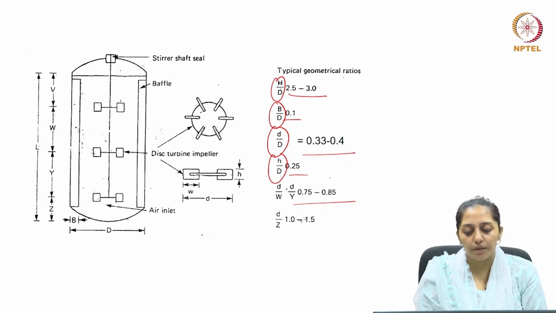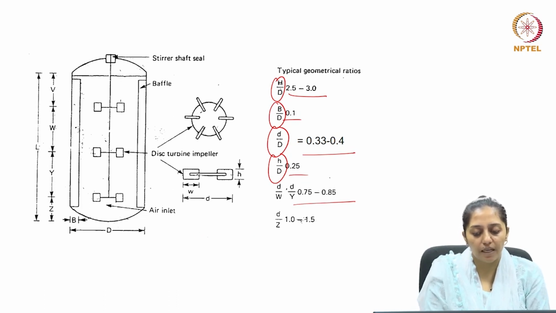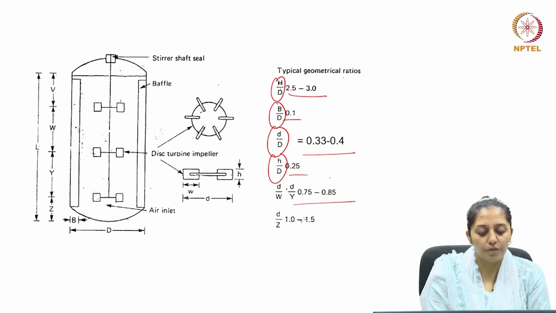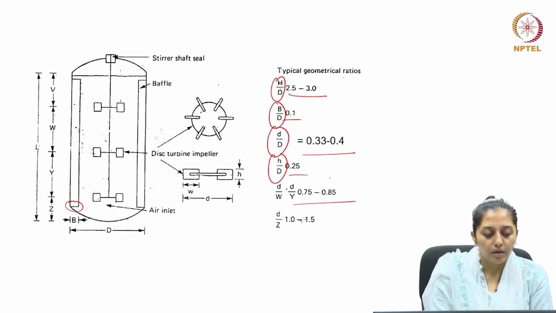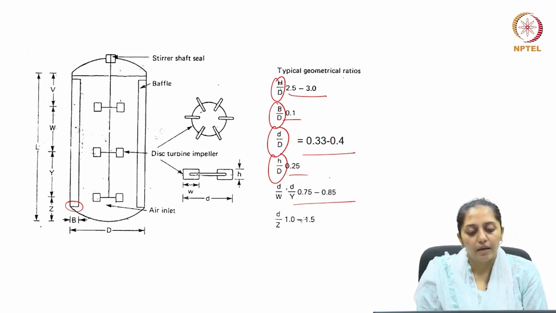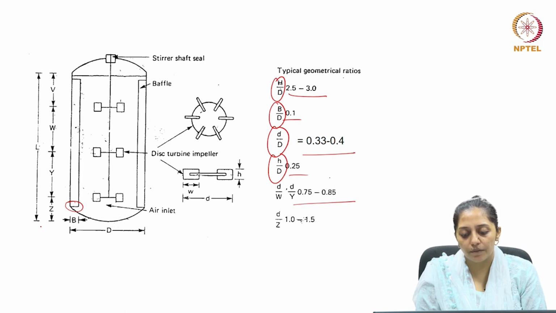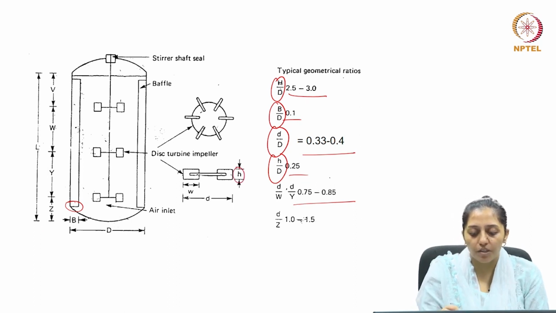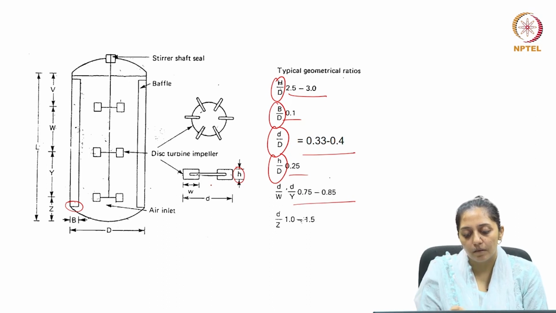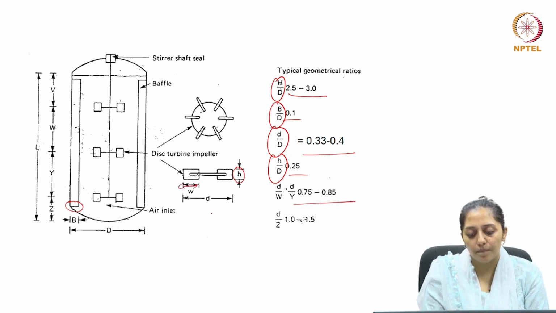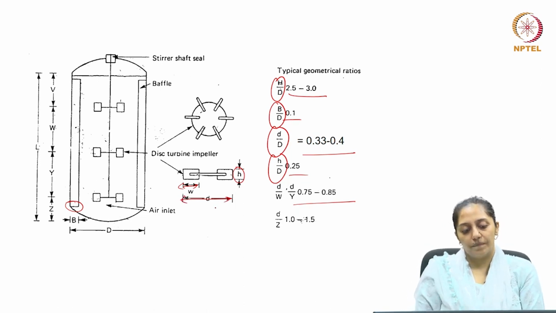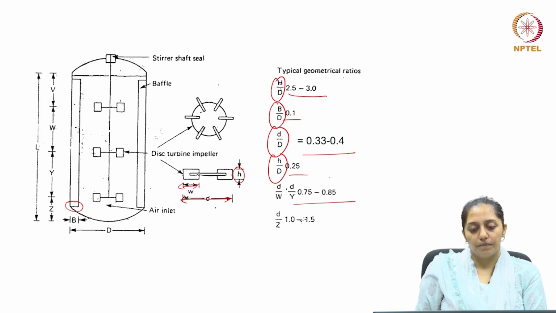In the given schematic, you can see capital D stands for the tank diameter, small b stands for the width of the baffle, L is the length of the reactor or height of the reactor, small h is the height of the impeller, W is the width of the impeller and D is the diameter of the impeller. So, these linear dimensions or linear lengths have been related as constant ratios.